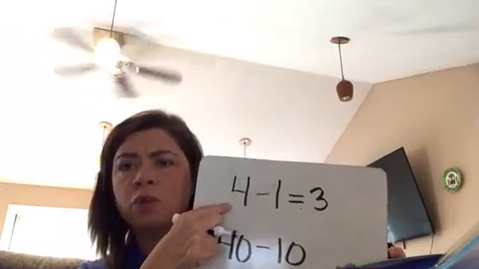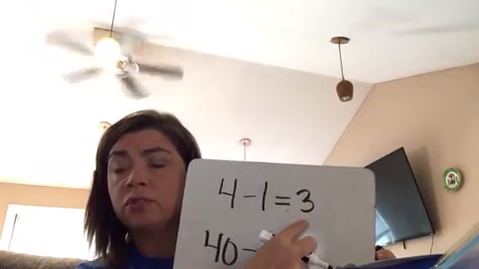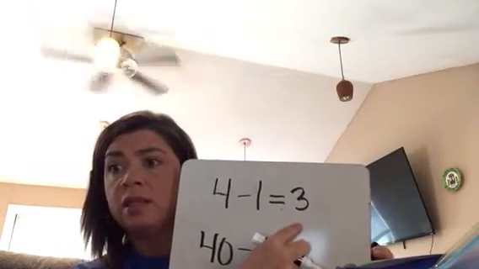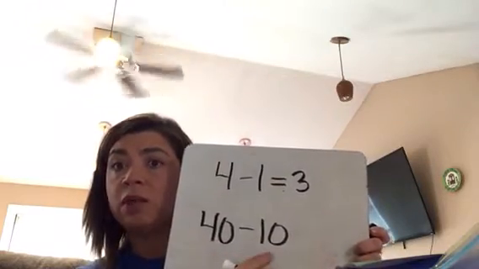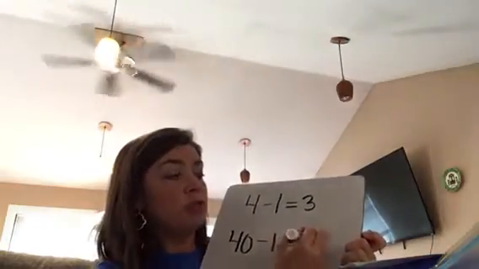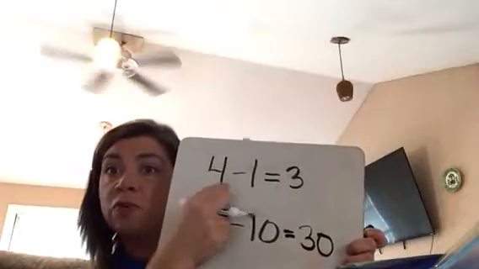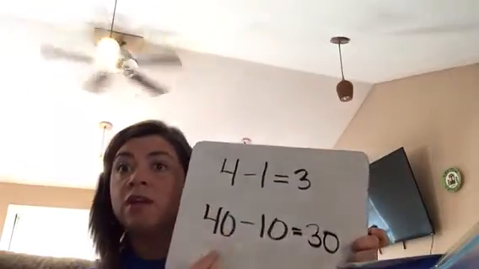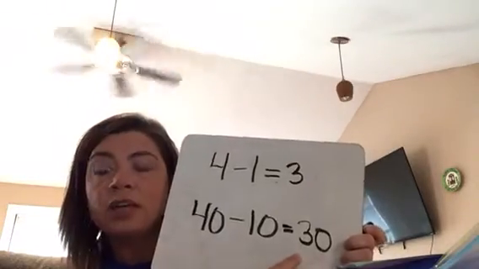Since 4 ones take away 1 one equals 3 ones, then 4 tens take away 1 ten must equal 3 tens. So 4 take away 1 equals 3, and 40 take away 10 equals 30.